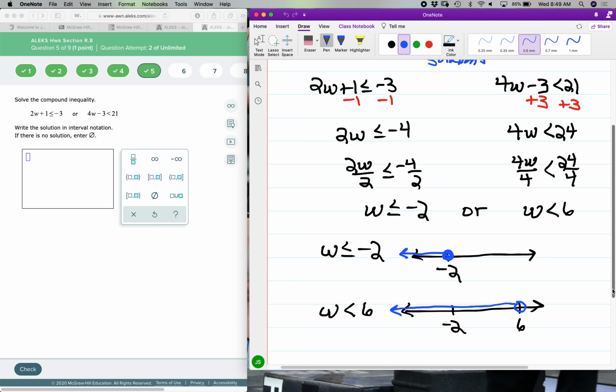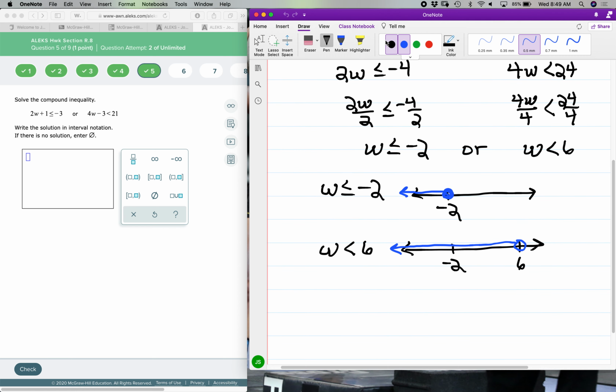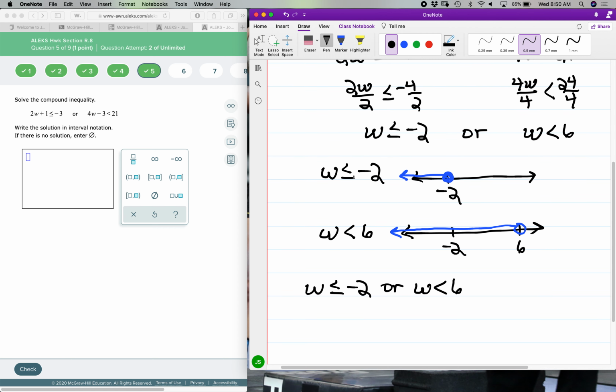Now, in the case of what we have for w is less than or equal to negative 2, or w is less than 6, we're looking at combining all the values between these inequality solutions. So in this particular case, it'll be the second graph.